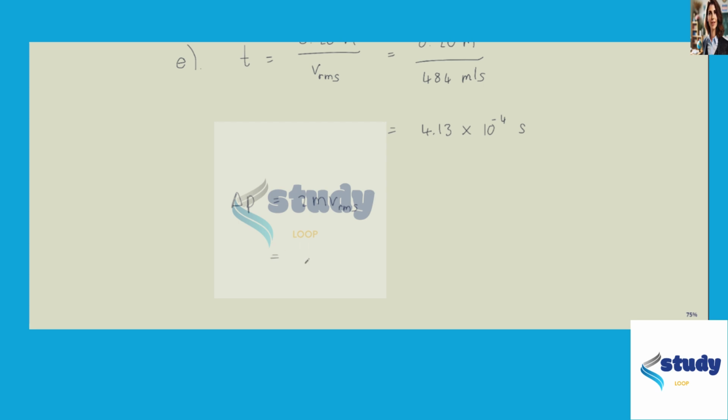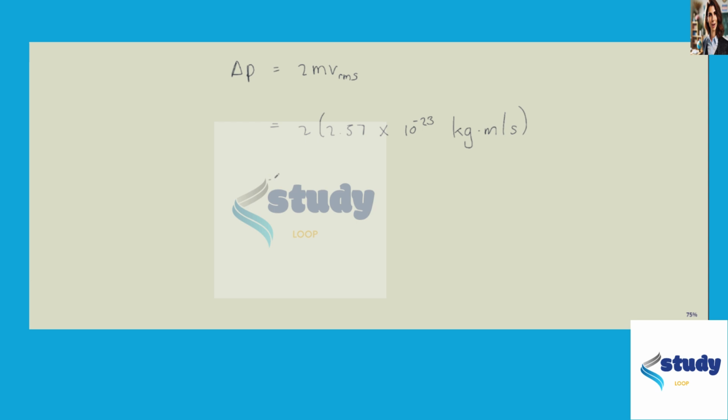And that's 2 times the momentum calculated above, which is 2.57 times 10 to the minus 23 kg meter per second. So this gives us the change in momentum of 5.14 times 10 to the minus 23 kg meter per second.